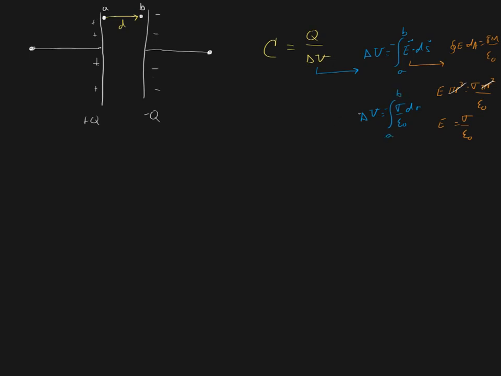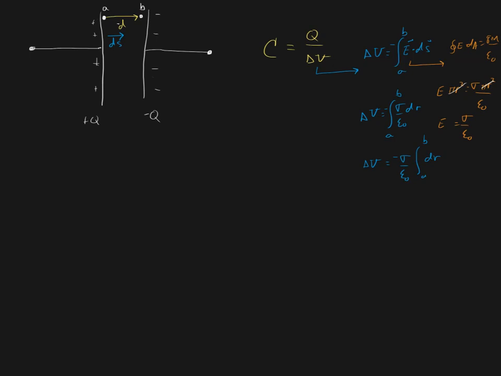And ds, remember, is going to go in the same direction that you're moving, so this is our ds or dr. Because there is no length dimension showing up here, these are both constants, so we can write delta V is equal to minus sigma over epsilon naught times the integral of dr from a to b.